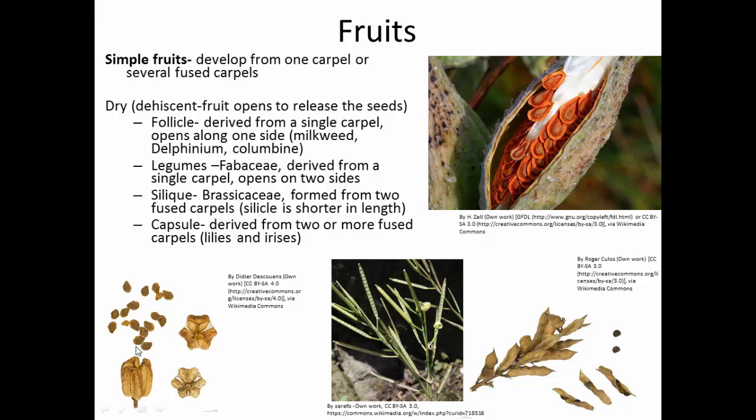This is a capsule from a lily. This would have been derived from a single ovary that was made up of 1, 2, 3 carpels. Capsules are found in lilies and also irises. They are another example of a dry, dehiscent fruit, but in this case, it's made up of 2 or more fused carpels.